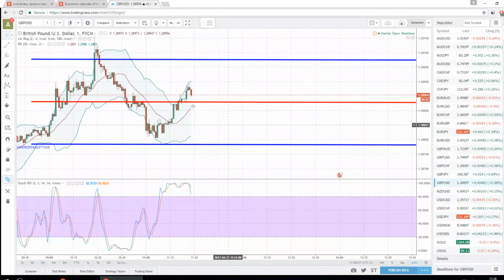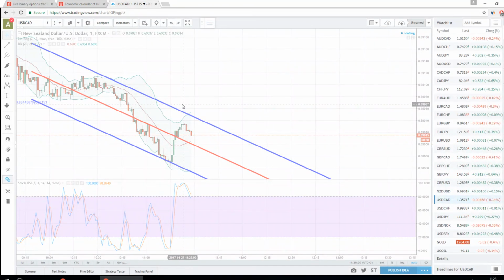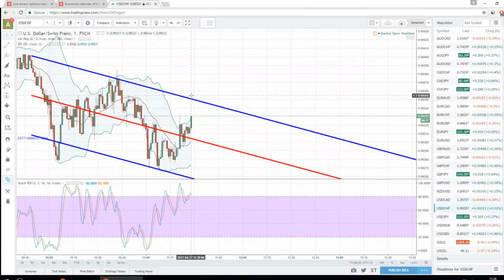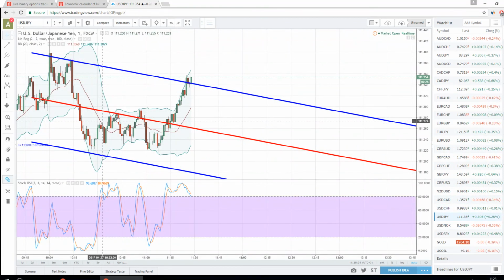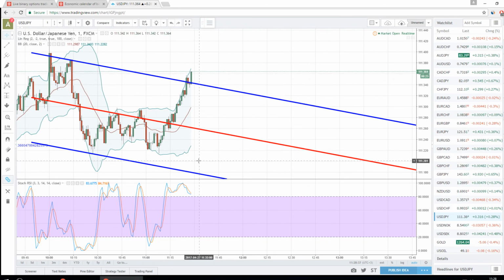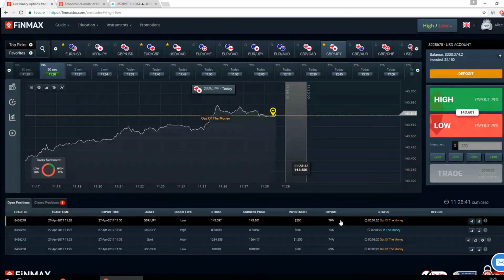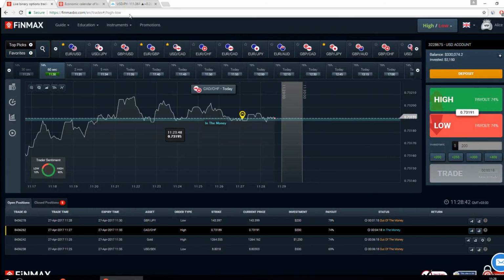Sometimes you need to try it several times because due to high volatility, sometimes you cannot get into the contract, you cannot get into the trade. Okay, and it went vice versa.